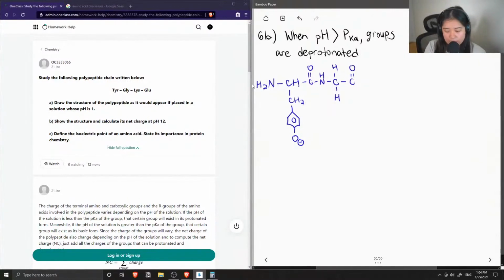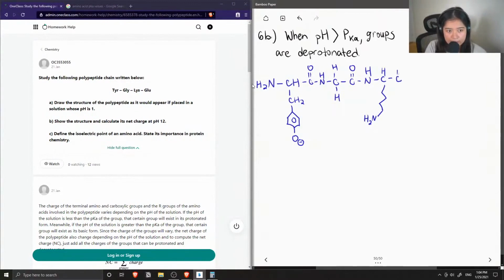And then moving on, we have our lysine. And it no longer has an extra hydrogen.